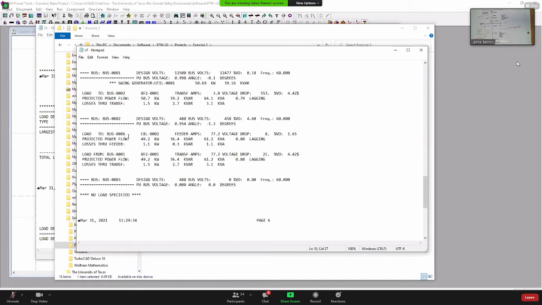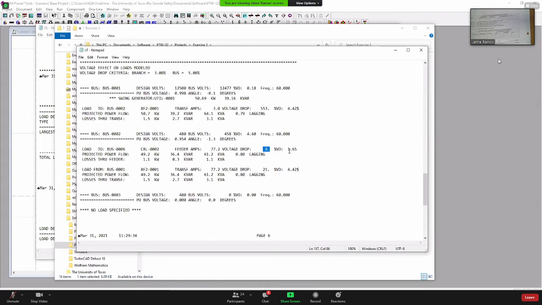So let's see. Load to bus number 6. That's the cable. Feeder amp 77. Voltage drop 8%. Is very high. Is that 8% here? Or no?